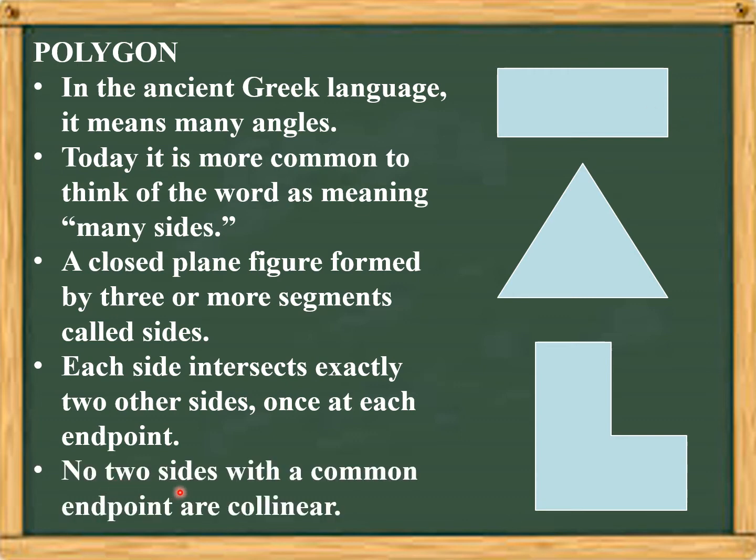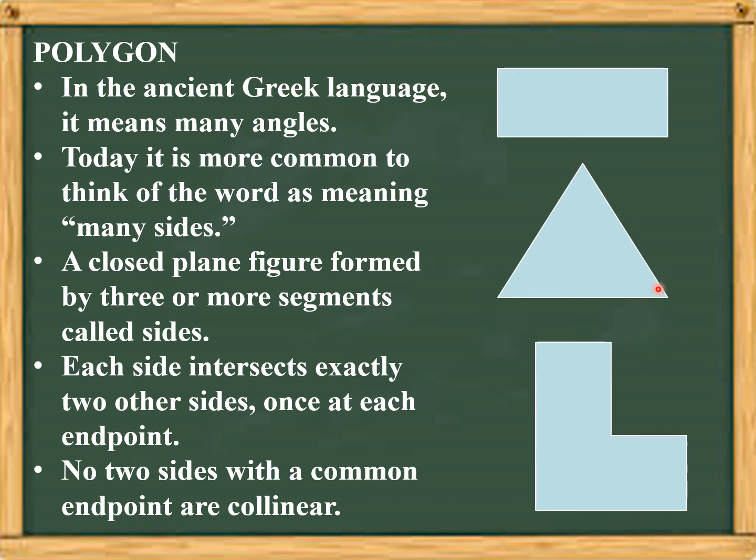Next, no two sides with a common endpoint are collinear. So when we say collinear, ibig sabihin hindi siya nasa isang linya. So for example, this one. Yan, etong ating triangle, hindi siya collinear, etong side na to, hindi siya collinear dito.